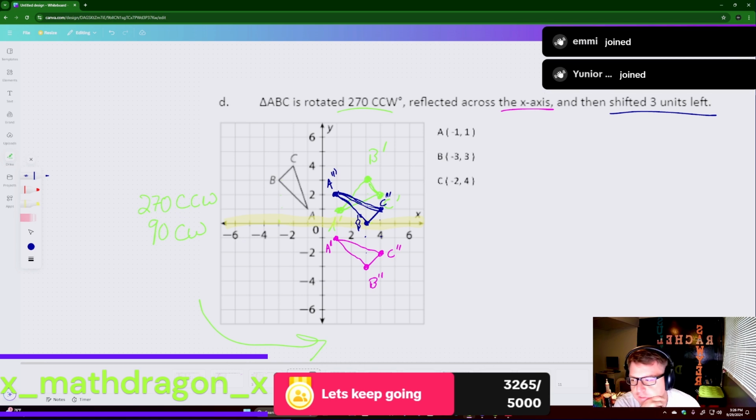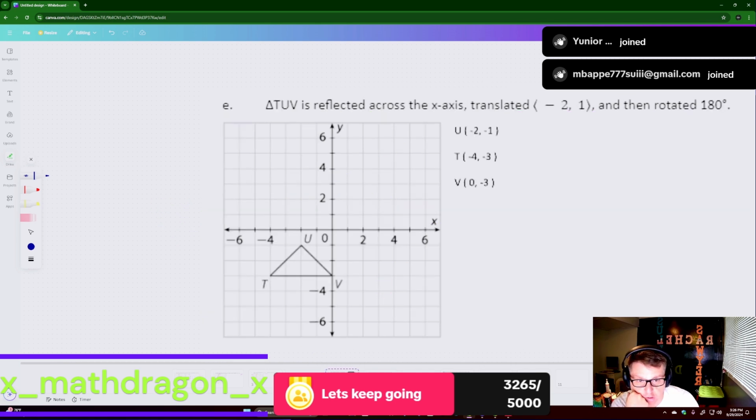So once again, it's just working with these transformations, getting comfortable with them, making sure that you can repeat this process time in and time out. So we're going to reflect it across the x-axis, translate it, and then rotate it.